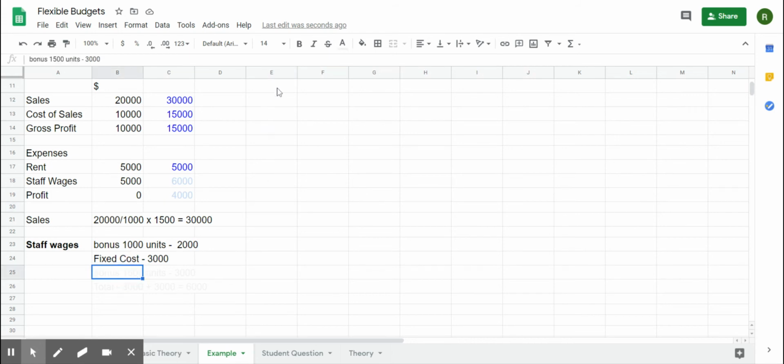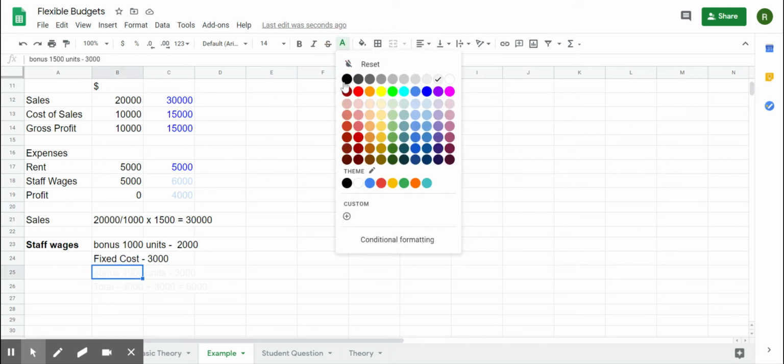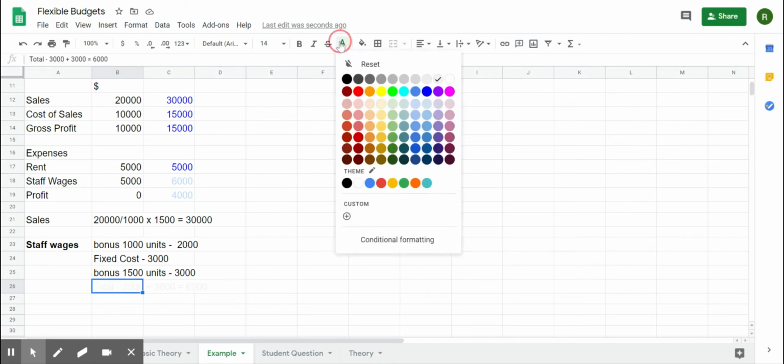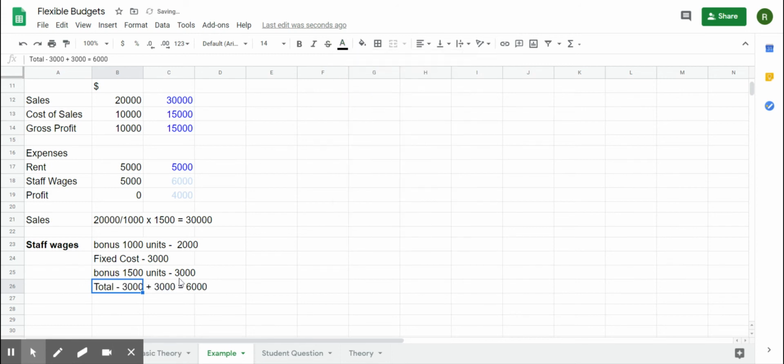So we can work out what the bonus element would be at 1,500 units. 1,500 times 2 is $3,000. And therefore the total wage, if we sell 1,500 units, is going to be the bonus plus the fixed cost of 3,000, so in total $6,000.